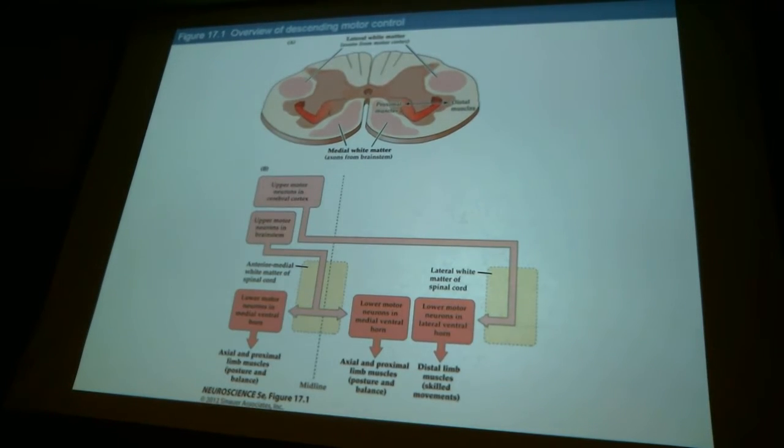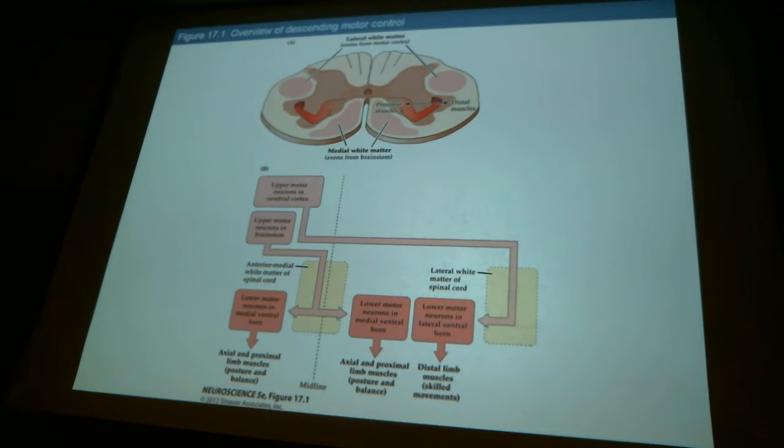It matters because there's a mapping in the spinal cord of muscular control. And the mapping is this: on the lateral side, you have control of the distal muscles, those skeletal muscles of your hand and your arm. And then on the medial side, you have proximal muscles, so these are the muscles near the shoulders and torso.